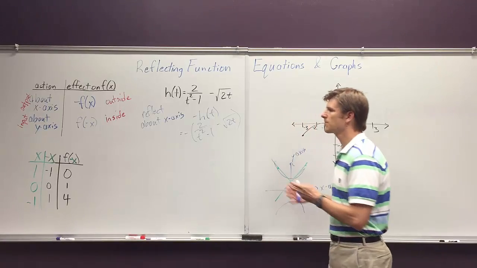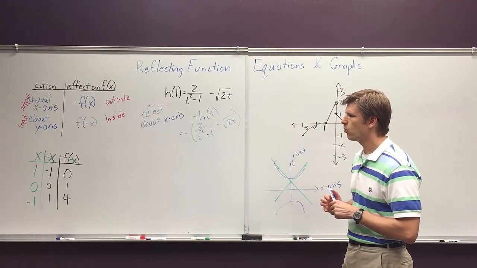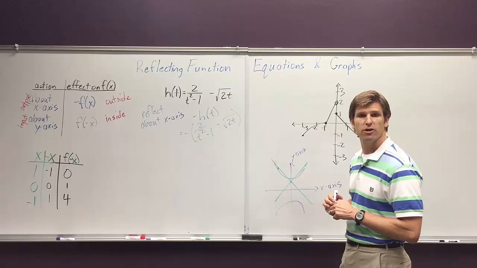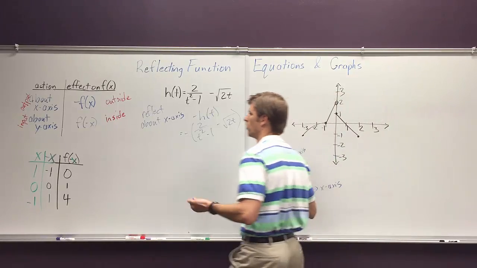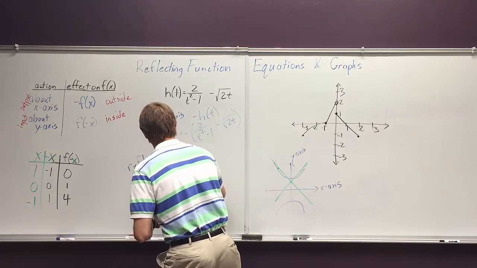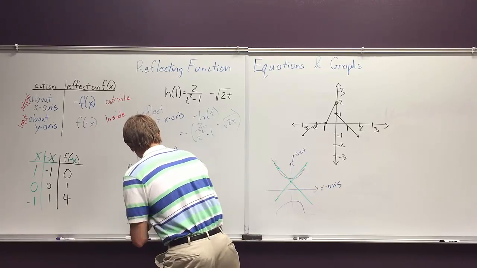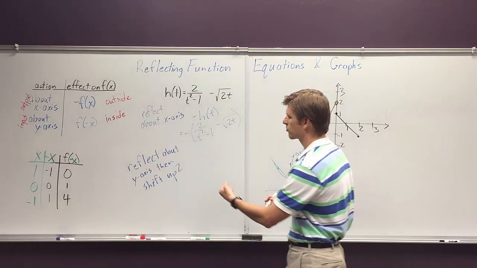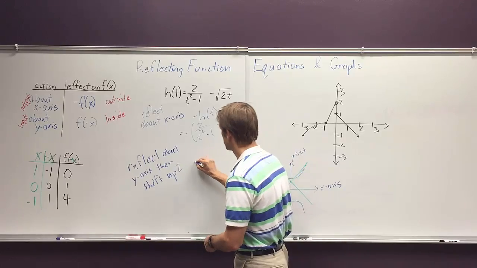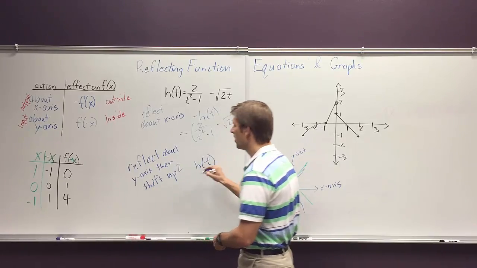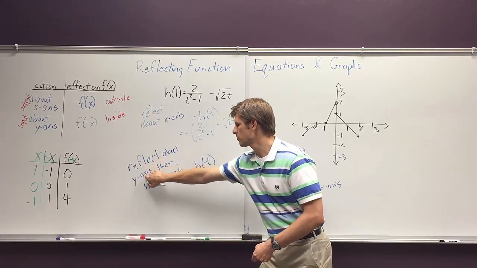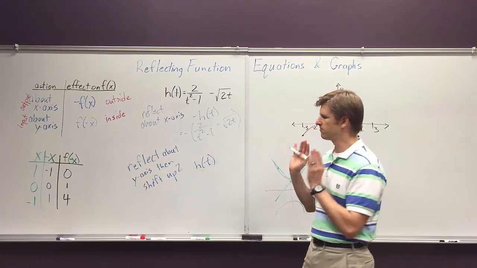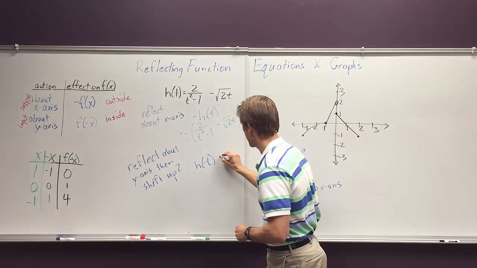You could also do something like reflect about the y-axis and shift up by 2. First, I'm supposed to reflect around the y-axis, so that's h of negative t. Now, when there's a "then," you need to do this part, then you need to do that. On the very outside of everything, add 2.